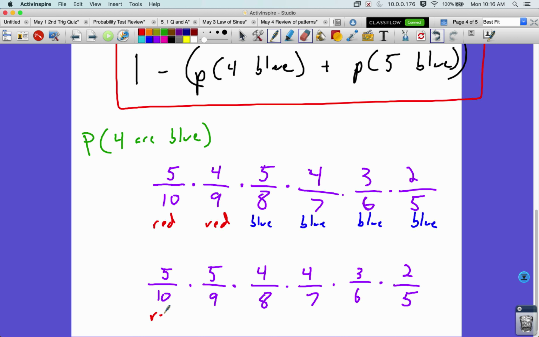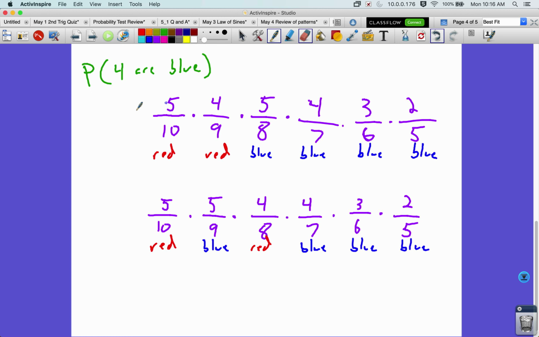So this one went red, blue, red, blue, blue, blue.